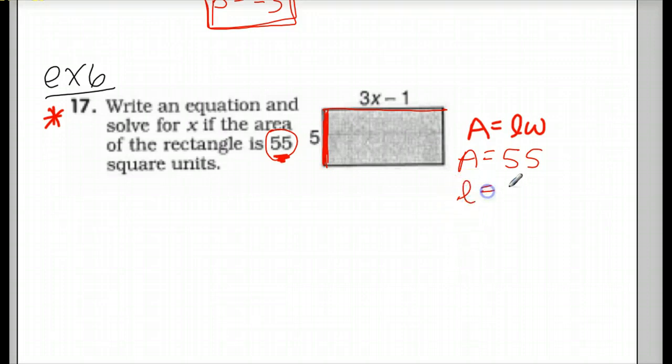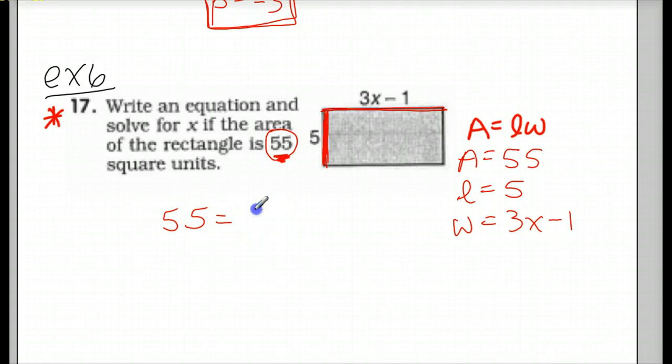So L is going to be 5. Our width is going to be 3x. Oh, I did that in the wrong order. So our width, or our W, is going to be 3x minus 1. Well, area, so 55, equals length, 5, times width, 3x minus 1.